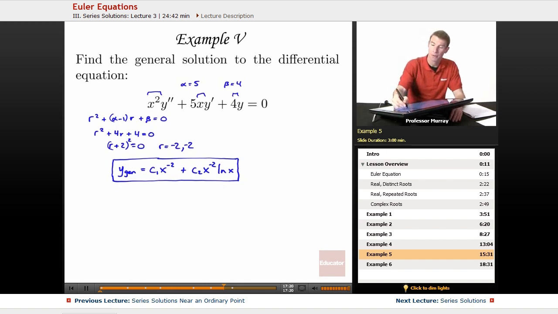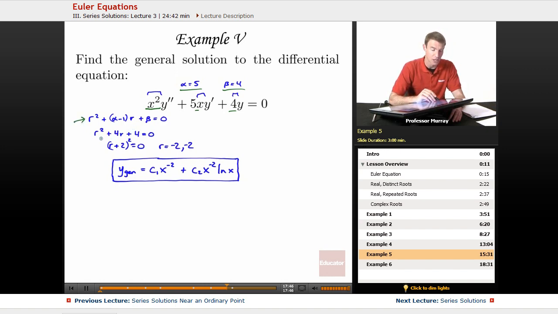So let's recap how that problem worked out. We recognize these descending powers, x to the 2, x to the 1, x to the 0. Okay, that means it's an Euler equation. So we identify our alpha as the coefficient of the first x term. Beta is our coefficient of the constant term. And then we go to our generic characteristic equation with an alpha minus 1 in it.